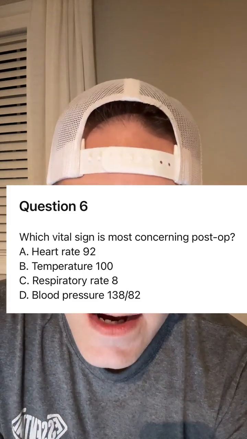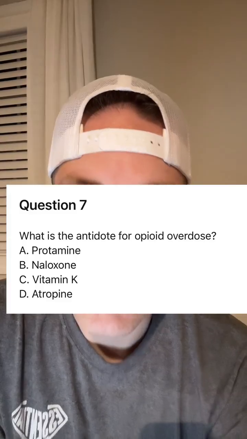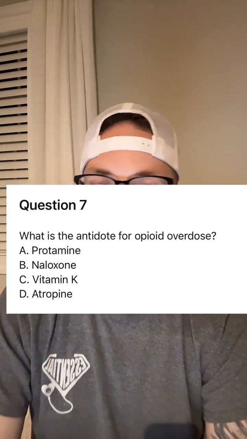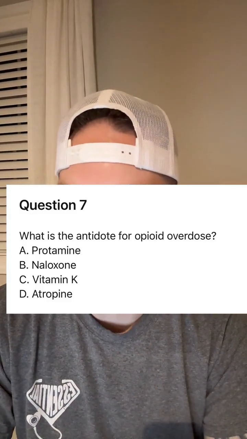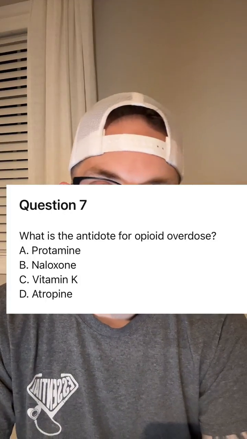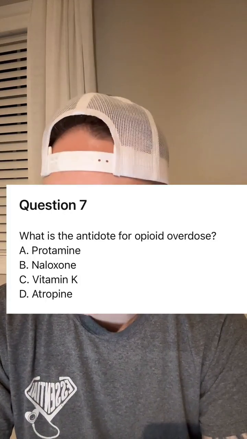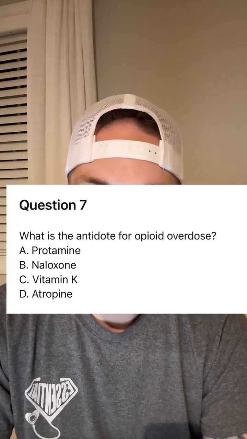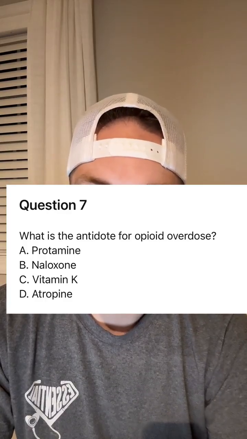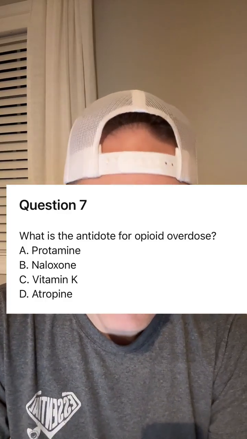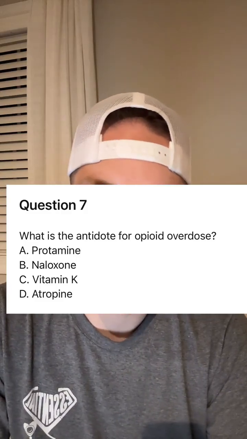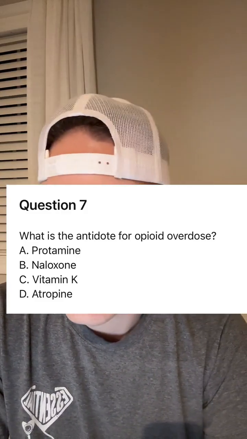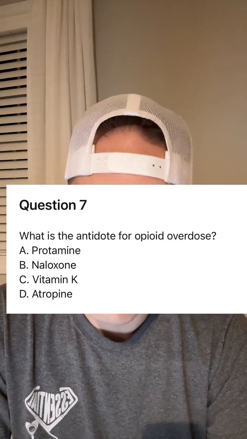All right, question 7. And again, these first 10 questions, guys, are basic recall questions. There should not be a whole lot that's tricky here. What is the antidote for opioid reversal? Yes, it is going to be naloxone, otherwise called Narcan.